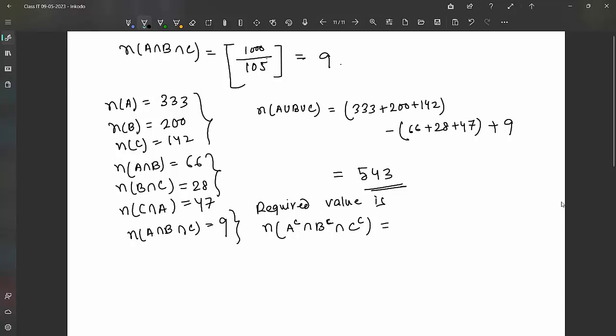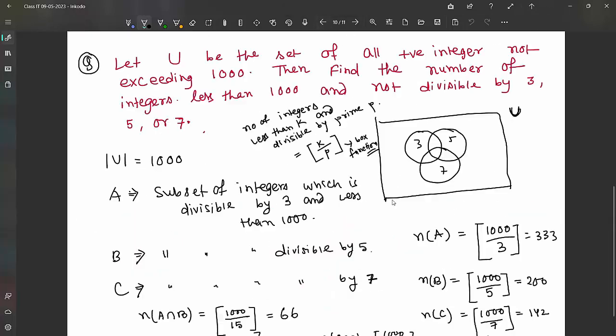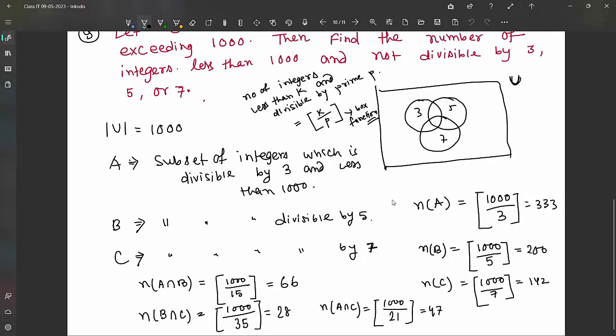So this is N of U minus N of A union B union C. N of U is 1000 and N of A union B union C is 543, so this is 457. This is the number of integers which are not divisible by 3, 5 or 7 and also not greater than 1000. So 457 integers are present between 1 and 1000 which are not divisible by any of 3, 5 or 7.